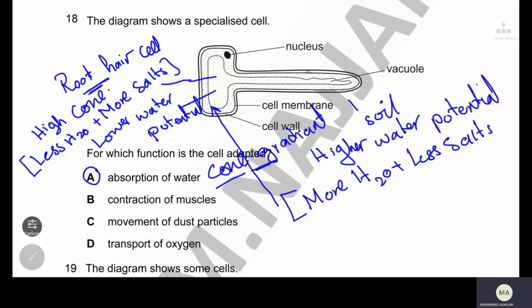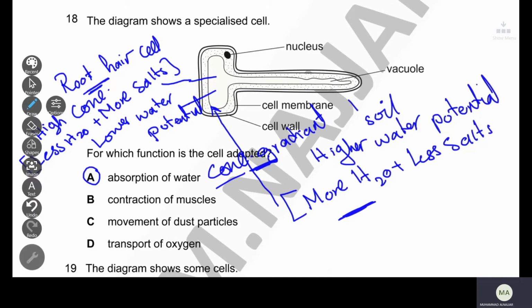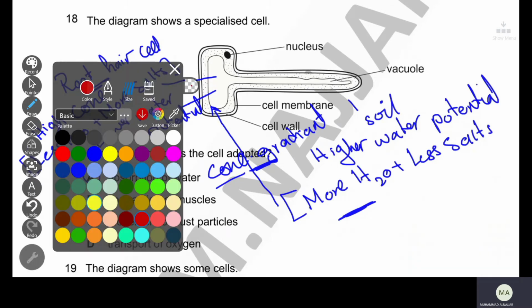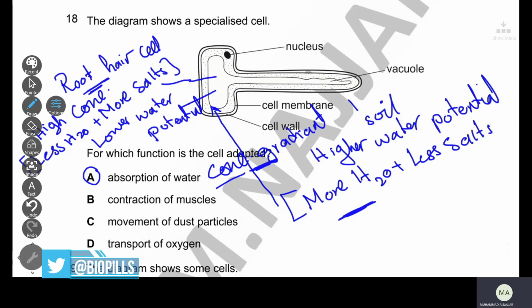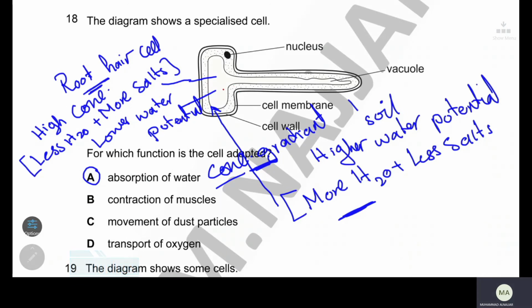By this concentration gradient, the water will move from a region of higher water potential, which is in the soil, to a region of lower water potential, which is inside the root hair cell, down the concentration gradient by osmosis.